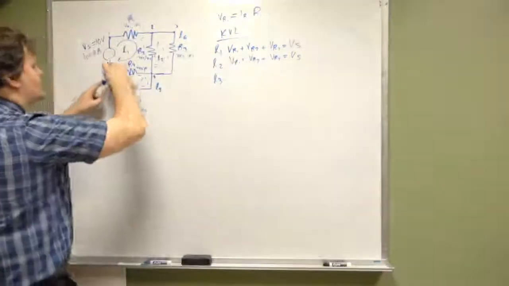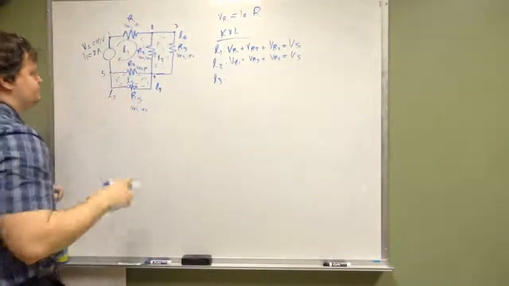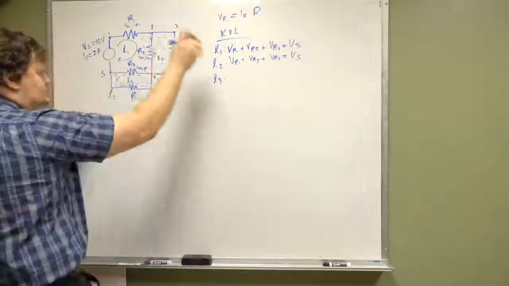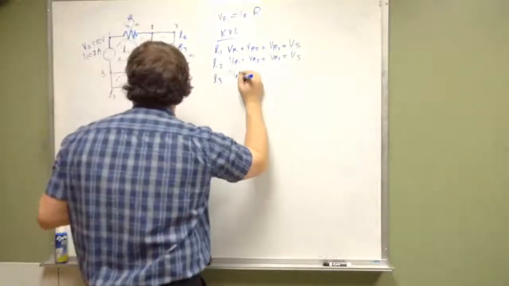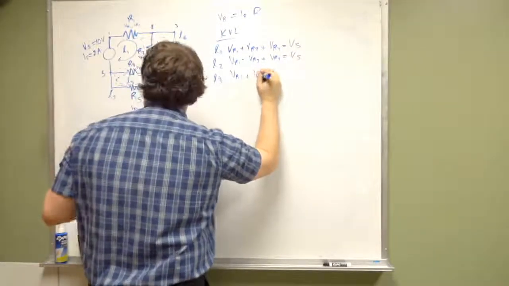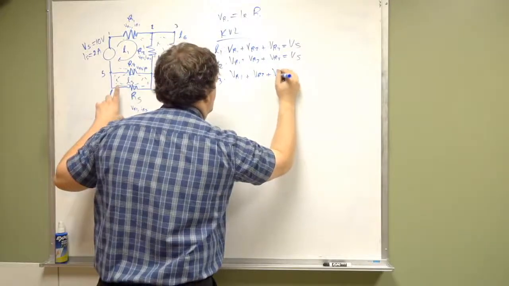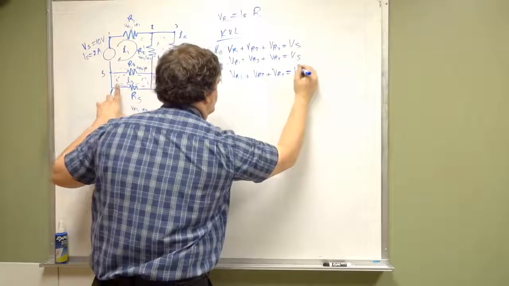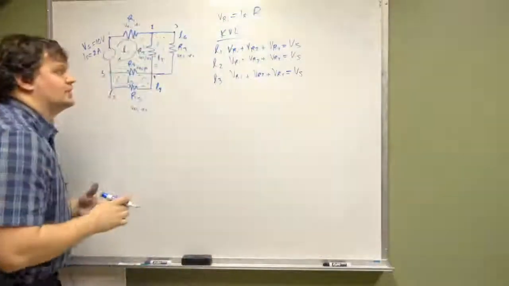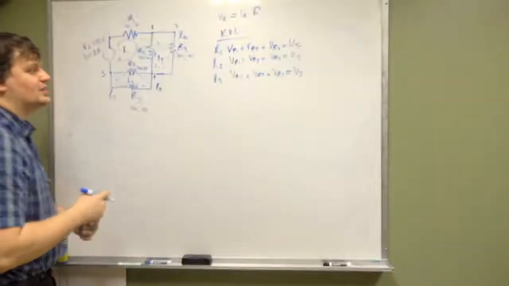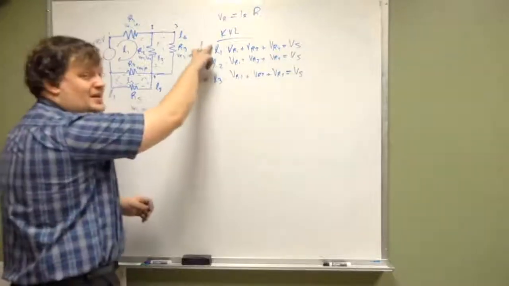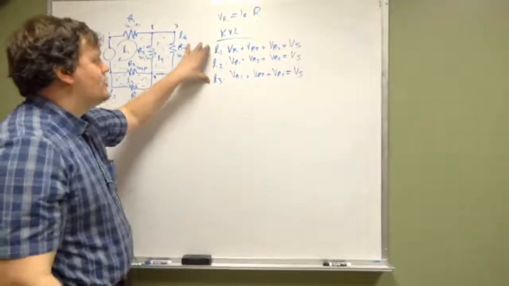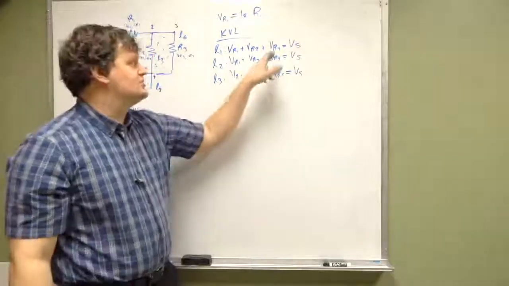Okay? So, loop 3. In loop 3, we go this direction. Okay? So, here we know VR1 plus VR2 plus VR5 is equal to Vs. Okay, that's pretty neat. Now, I could take these two equations right here and figure out right away that VR5 is equal to VR4.